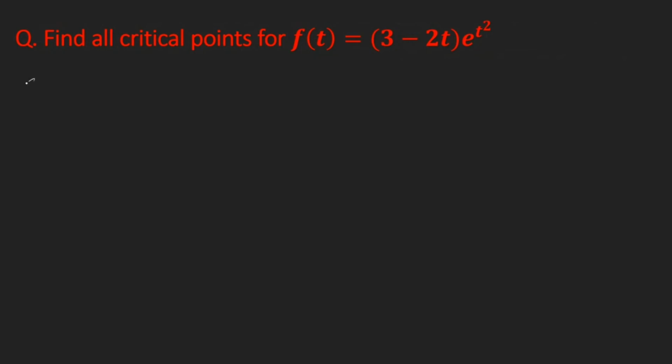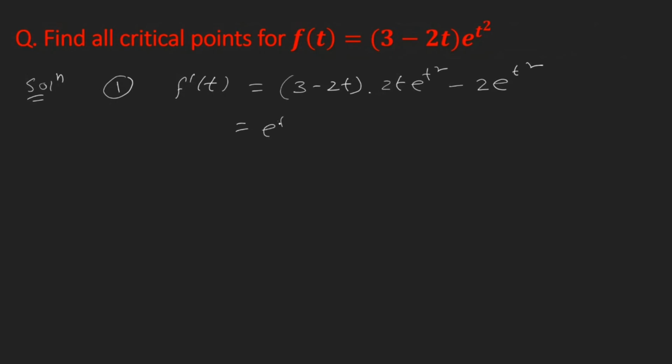For this problem, we will apply the chain rule. So step 1, f dash t is equal to 3 minus 2t times the derivative of e to the power t square, which will be 2t e to the power t square, and then the derivative of 3 minus 2t will be minus 2 e to the power t square.